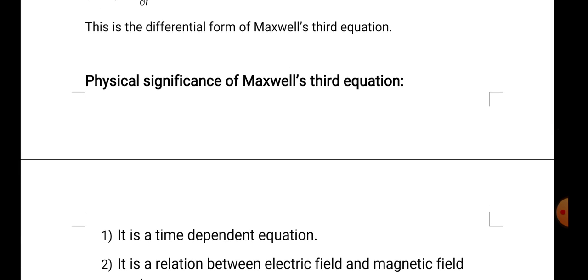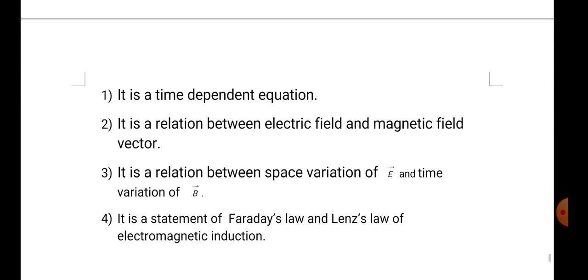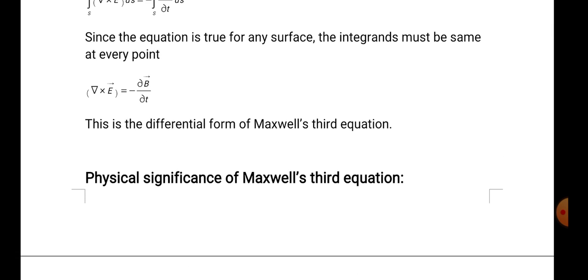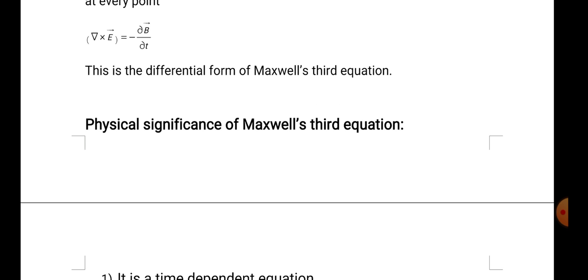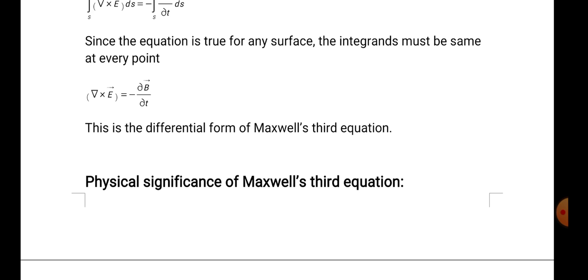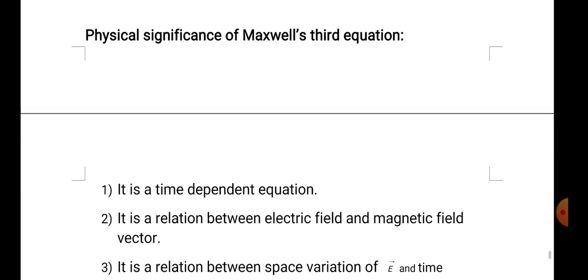Physical significance of Maxwell's third equation: this equation totally depends upon time. Curl of the electric field is equal to minus del B by del t, means it depends upon time. It is the relation between the electric field and magnetic field, where E is the electric field and B is the magnetic field.